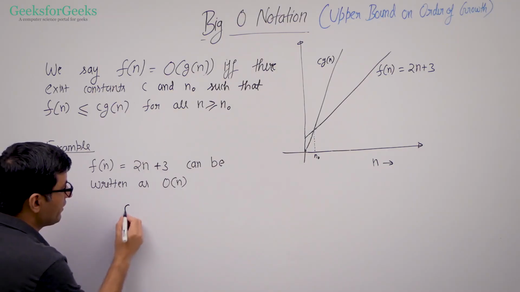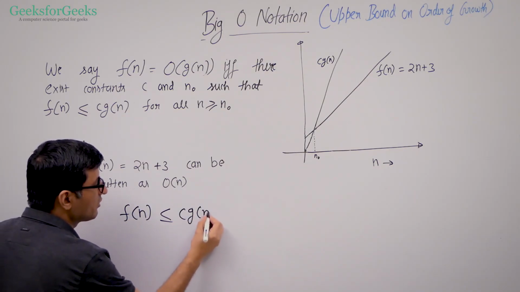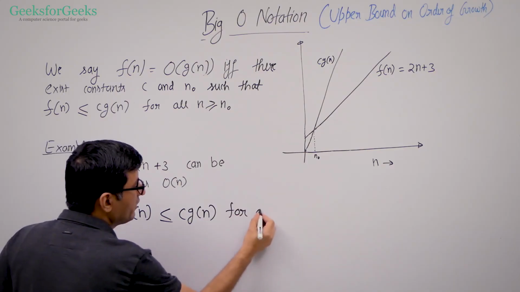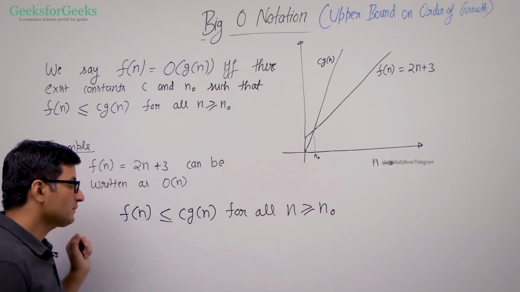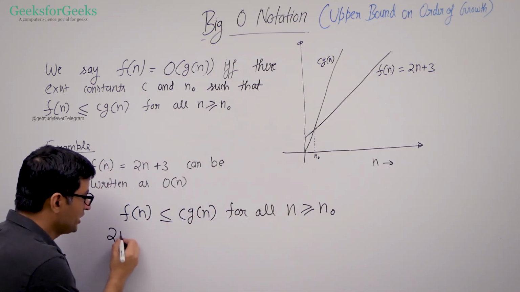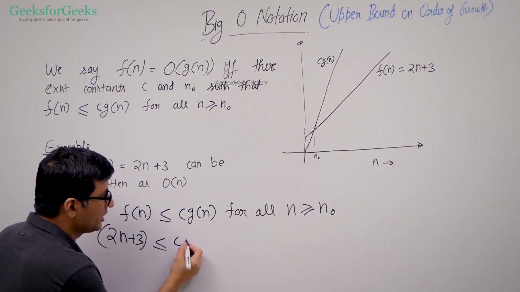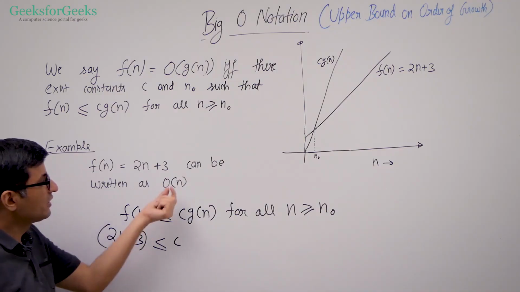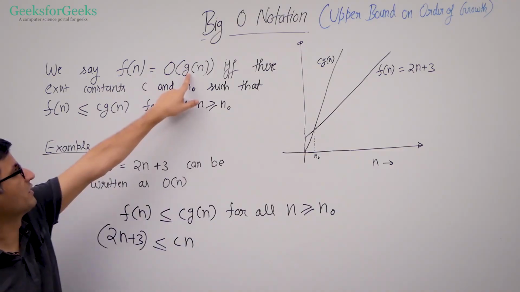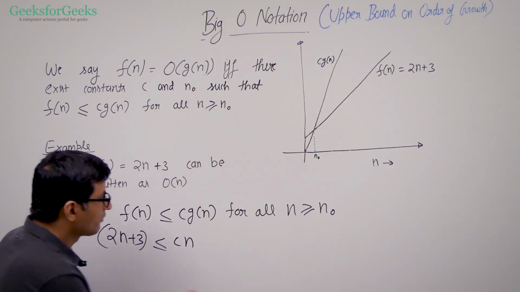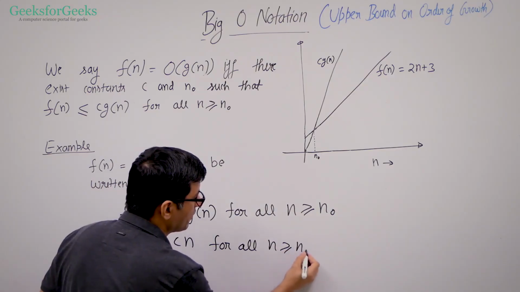So this F(n) has to be smaller than or equal to c of G(n) for all n greater than or equal to a value n naught. Now this F(n) is 2n plus 3, and we want it to be smaller than c of G(n). So what is G(n)? G(n) is n, right? Big O of G(n) is Big O of n here, for all n greater than or equal to n naught.